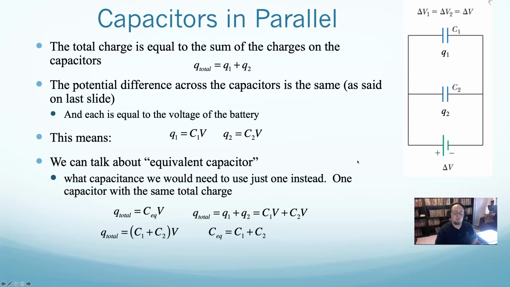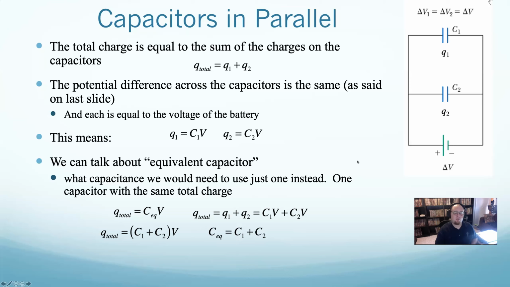Now, I already said they don't have the same potential, but the total potential they get will be the potential of the battery. So if I wanted to find an equivalent capacitor for this, I could say V1 is Q over C1, and V2 is Q over C2, but the voltage of the battery is Q over C equivalent.